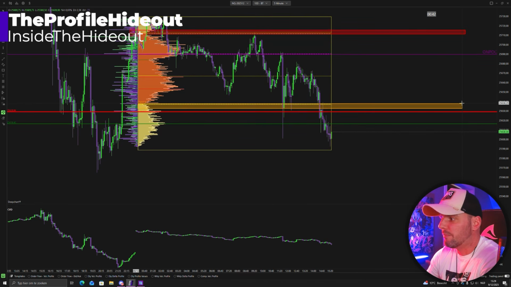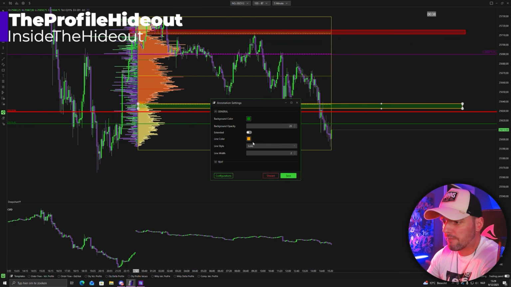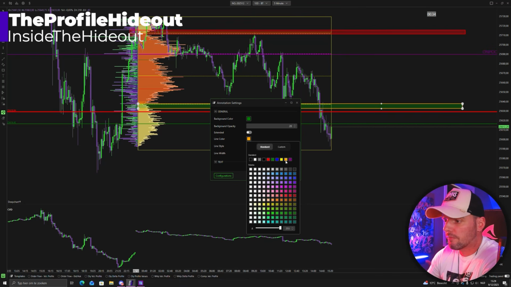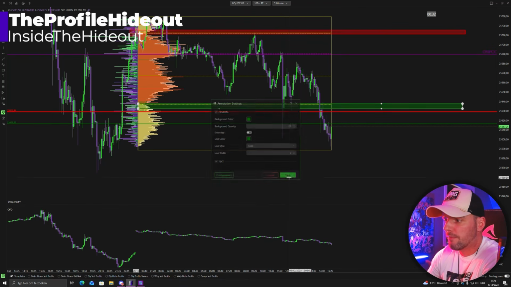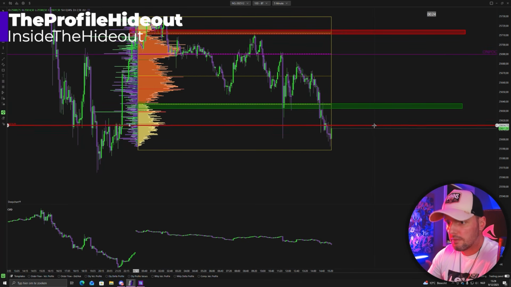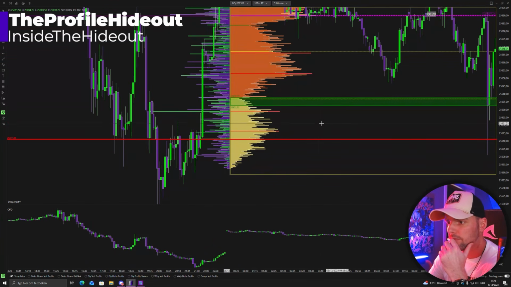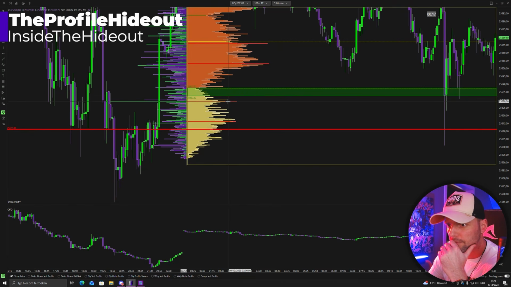The price is still developing, so it's a little bit annoying to keep redrawing these levels. Basically, just gotta wait until the market opens up. Just trying to get an idea of what price is trying to do at the moment. Yeah, at this high volume node, buyers were super strong.